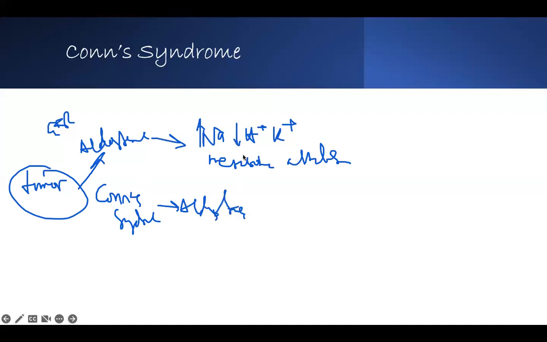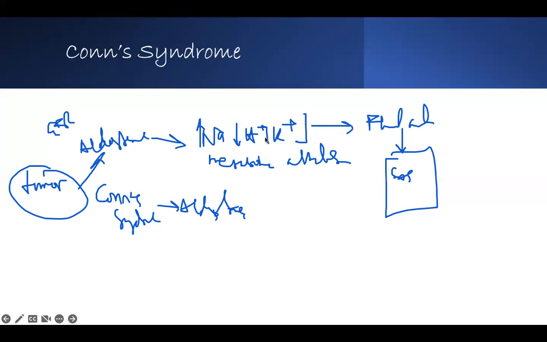I've already given you the main pathophysiology, sodium increase, and this will lead to what? Fluid overload. And therefore, you can deduce the signs and symptoms of fluid overload. Headache, hypertension, all the signs and symptoms that are expected. Hypokalemia, you know what is going to happen.